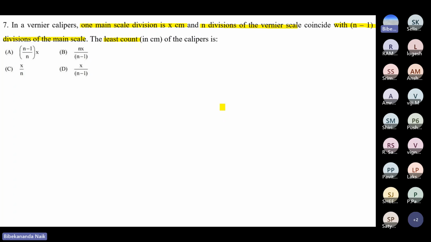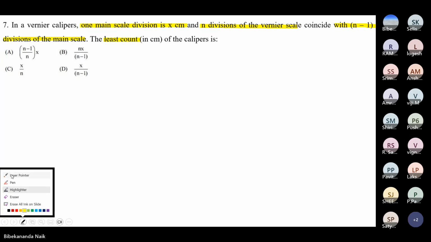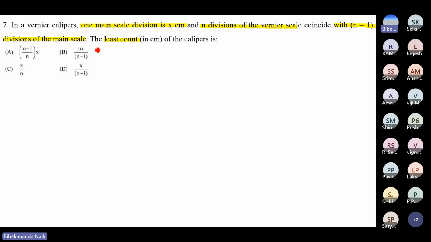Can anyone tell me what will be the answer? This is a very easy question. In the previous questions, we calculated least count as 1 main scale reading minus 1 vernier scale reading. Here 1 main scale reading is x centimeter, because 1 main scale division is x centimeter.